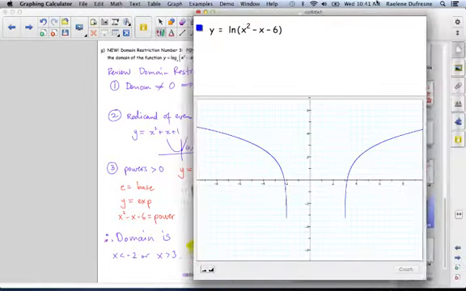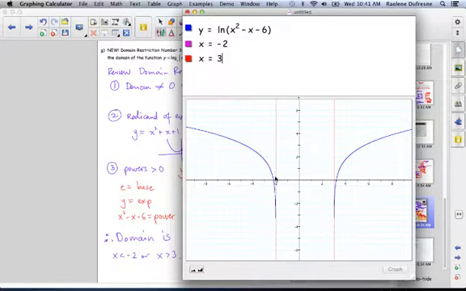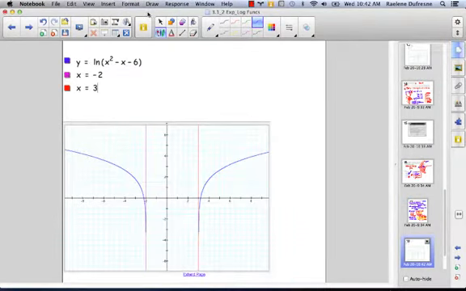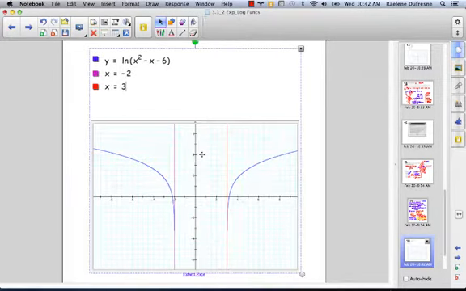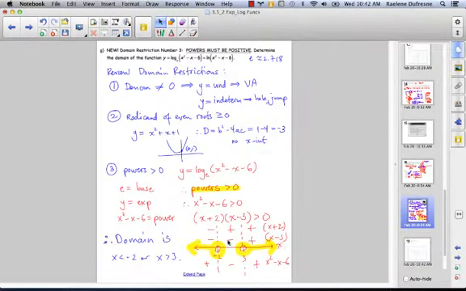If we look at this graph, we do indeed see that x equal to -2 and x equal to 3 produce vertical asymptotes, and the graph is produced to the left of x equals -2 or to the right of x equals 3. Any x values in between would produce non-real y values. Okay, so we can confirm our graph has the same domain as what we found using the sign chart.